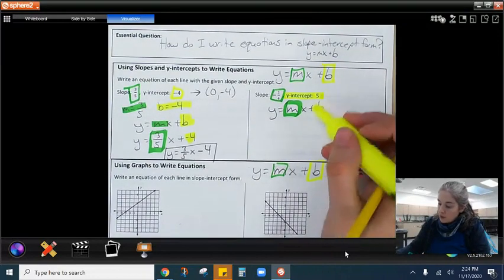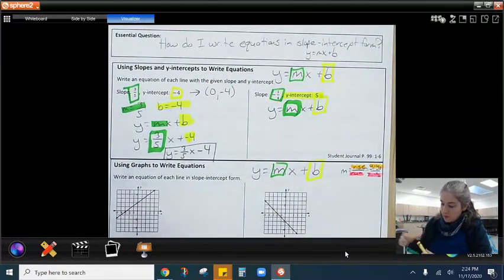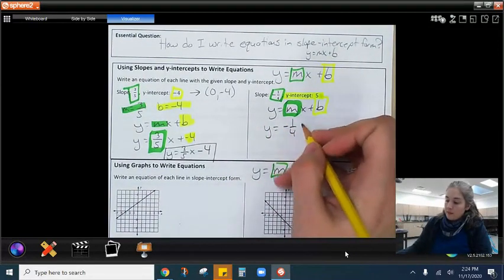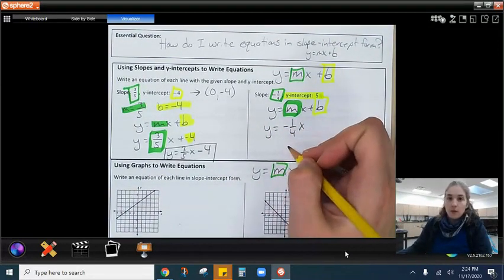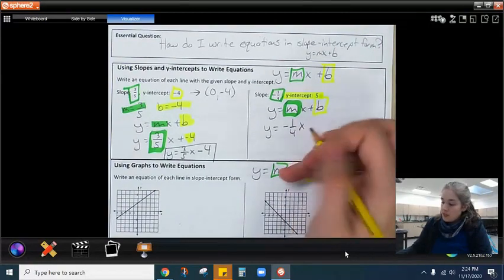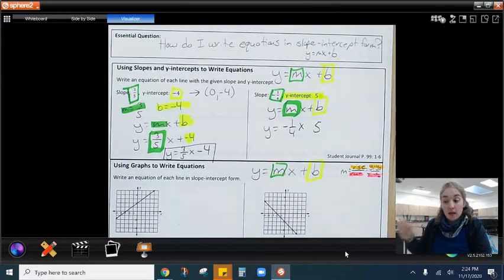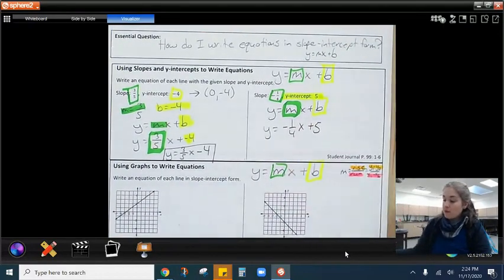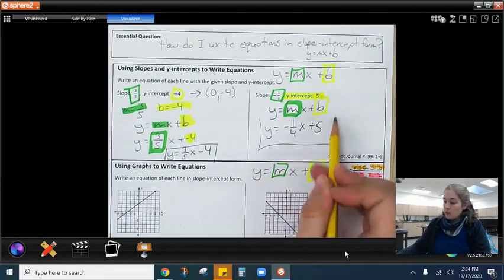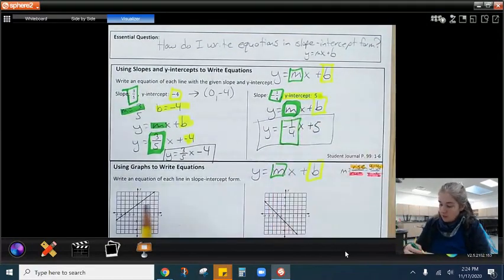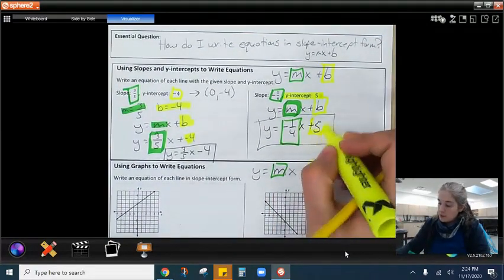Well, my slope is -1/4. So I'm going to plug in y equals -1/4. My x just stays, x and y just stay. And then my b is a 5. Now be careful, what kind of a 5 is it? +5. So I need to add 5 to that. So that is the equation of this line. And I will add my colors on there for good measure because it helps our brains.